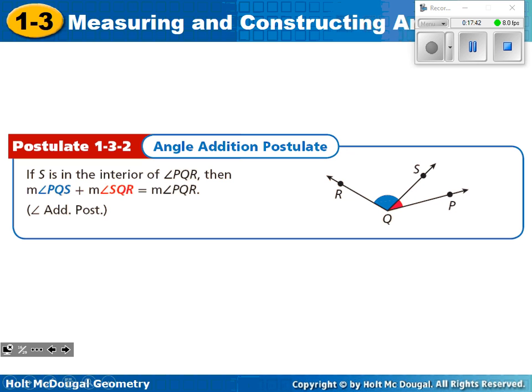So just like last class, we had the segment addition postulate, right? And what did the segment addition postulate say, just kind of in generic words? Okay, so it's kind of like A plus B equals C, where A and B stand for what? If I have a line segment, what are those A's and B's referring to? Say it again.